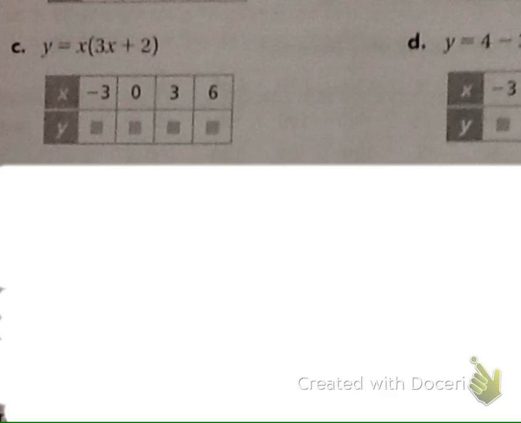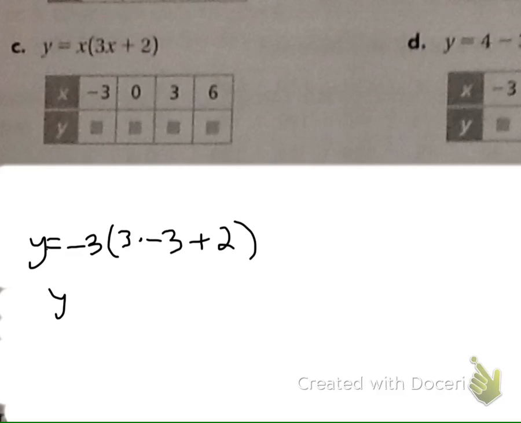Okay, C looks kind of confusing, but we just put our x value in for both x's. So the first one would be y equals negative 3 times 3 times negative 3 plus 2, because I'm substituting that first x.